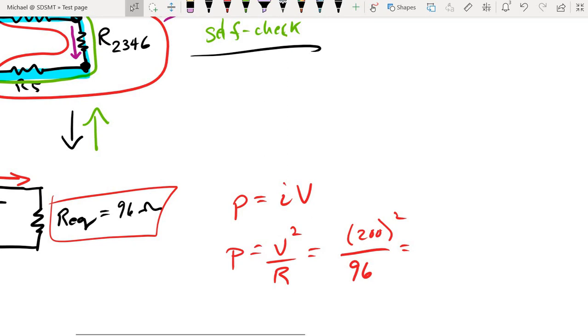We get our calculator out, and I'm getting 417 watts. So that is the total rate of energy dissipation for the circuit.